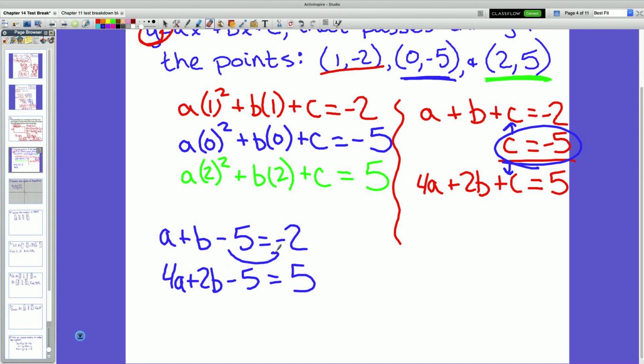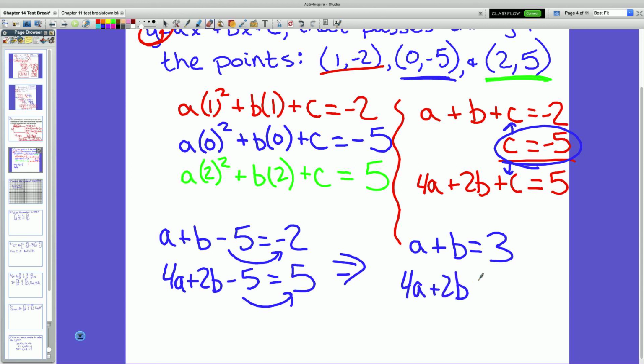Move those over, so I'm going to add 5. So I would get a plus b equals 3. And I would get 4a plus 2b equals 10. Well, then I can solve this any way I want.